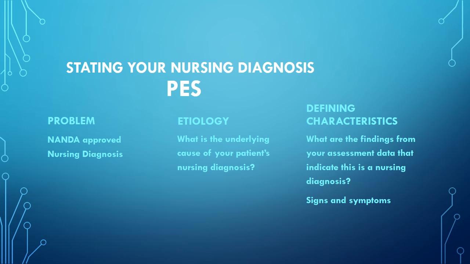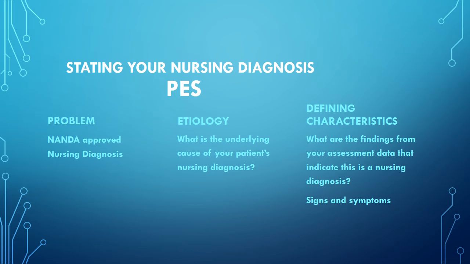And the S part of our PES statement, the S stands for signs and symptoms. The true term for those signs and symptoms is defining characteristics. What are the findings from your assessment data that indicate that this is a nursing diagnosis?